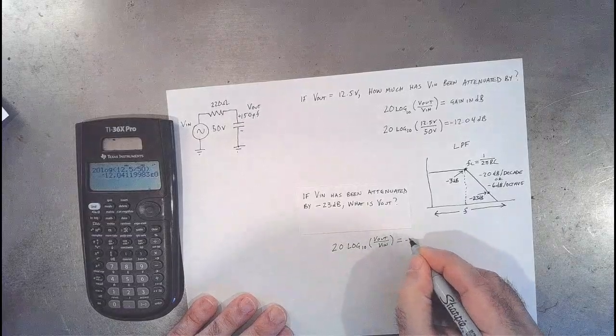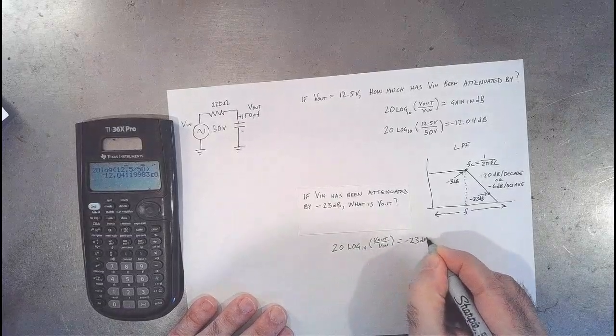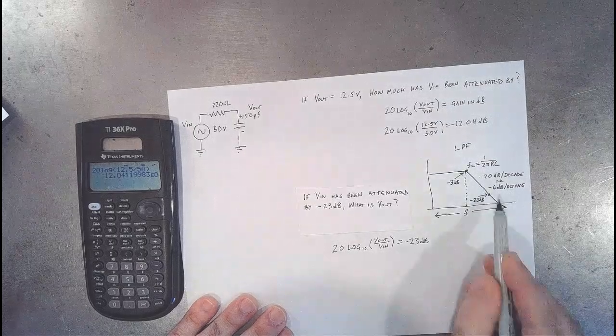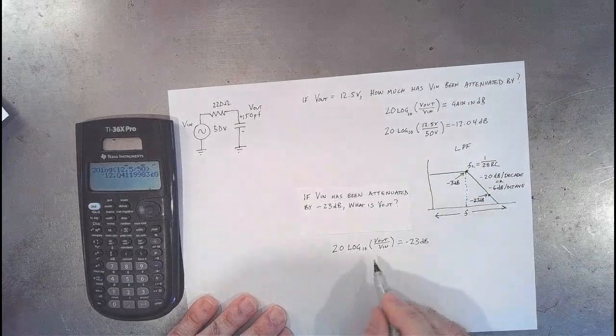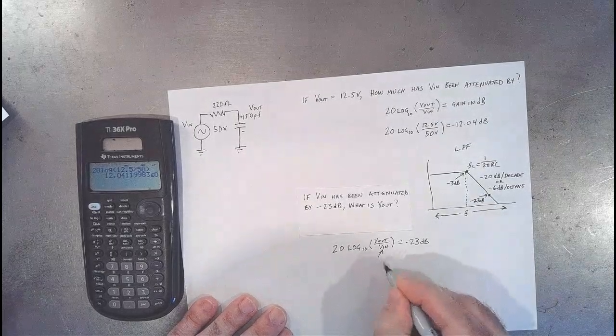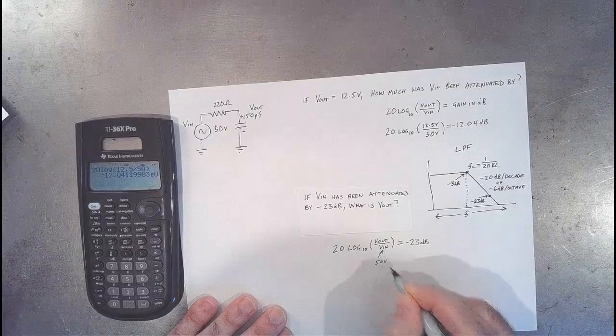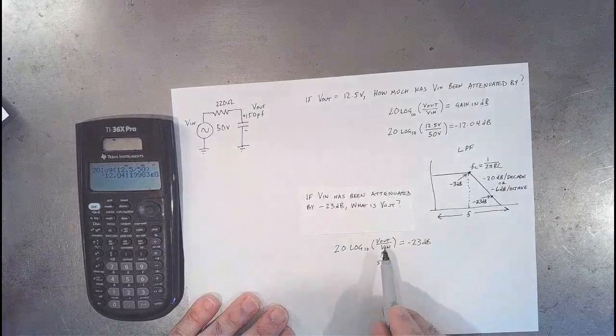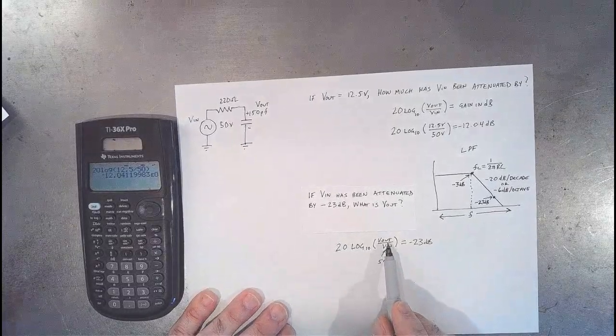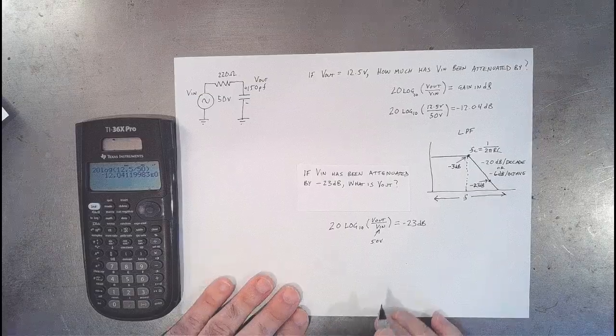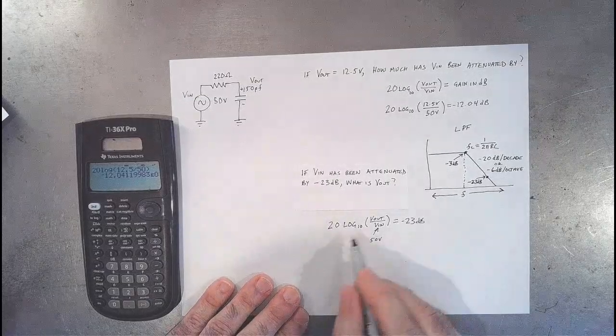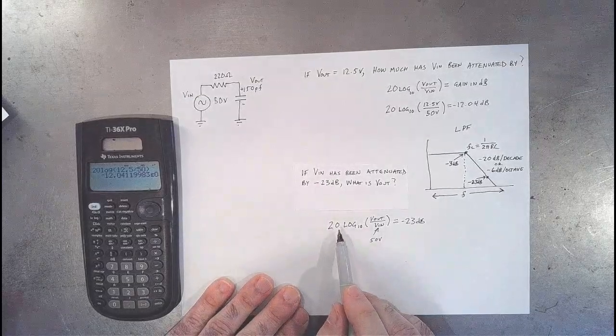It's going to be minus 23 dB, right? That's the spot that I'm asking about right there. We know V in as well. It is 50 volts. The only thing that we do not know in this equation is V out. But that's simple enough to get to. So let's do a little bit of algebra.